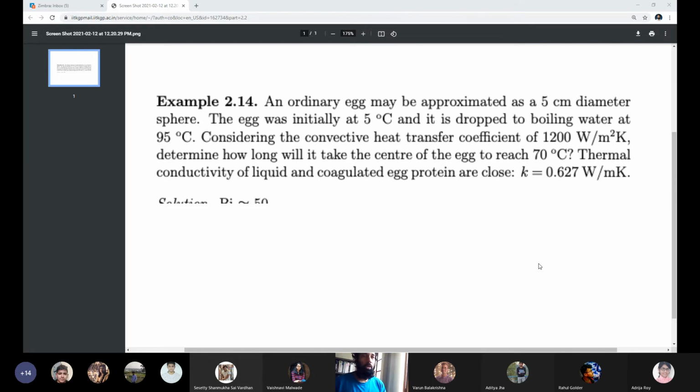So anything you have to ask, any clarification on the entire process? Make sure before you leave today that you understood how to solve transient conduction problems using the approximate solutions, the first term series.